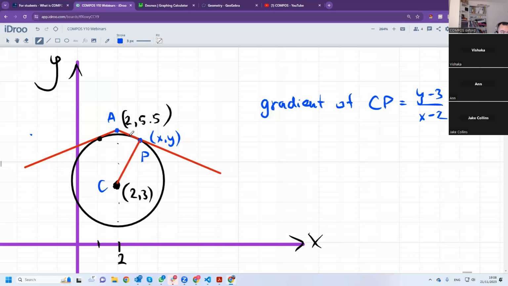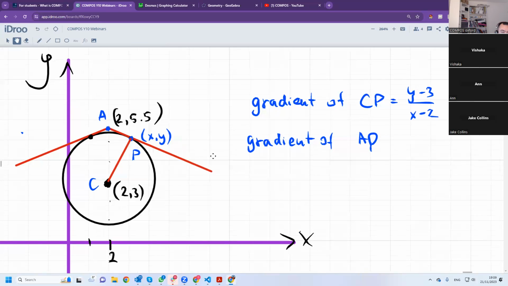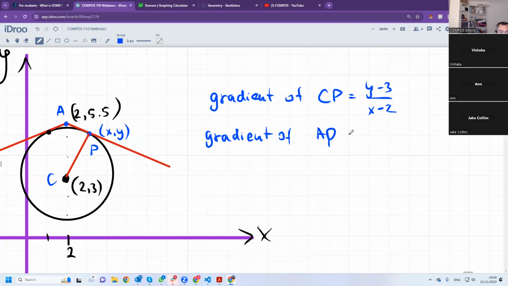Note to self: AP has to have the opposite gradient. Gradient of AP has to be minus 1 over the gradient of CP. Right? Because they're perpendicular. Because these two red lines are perpendicular.